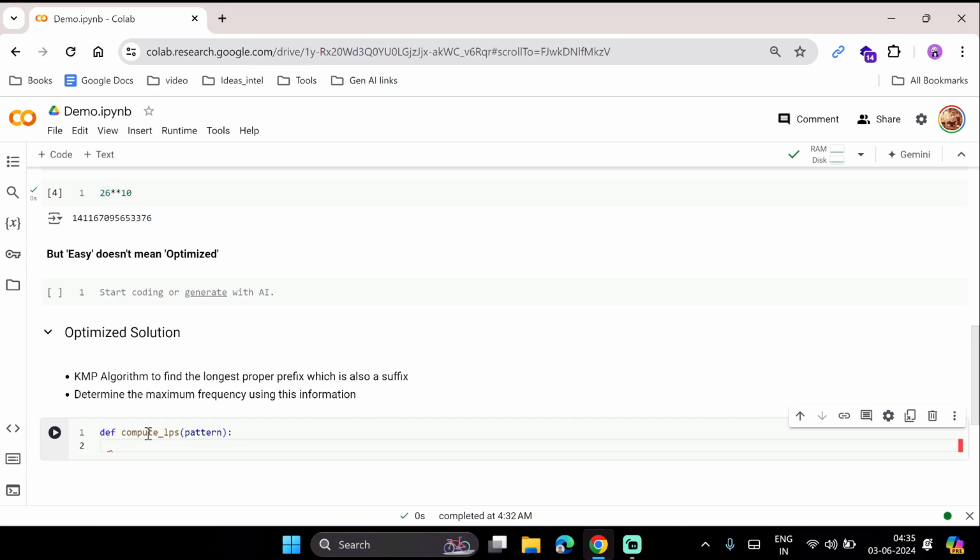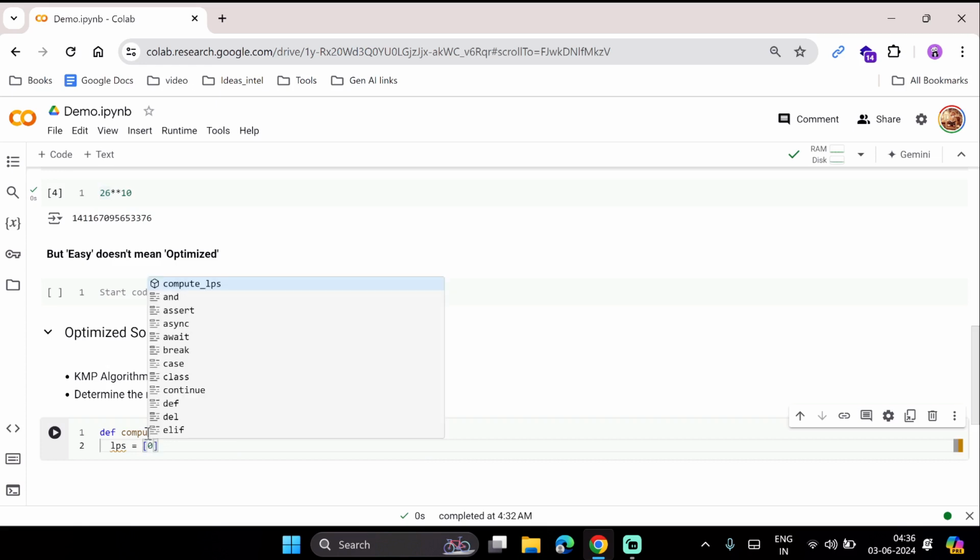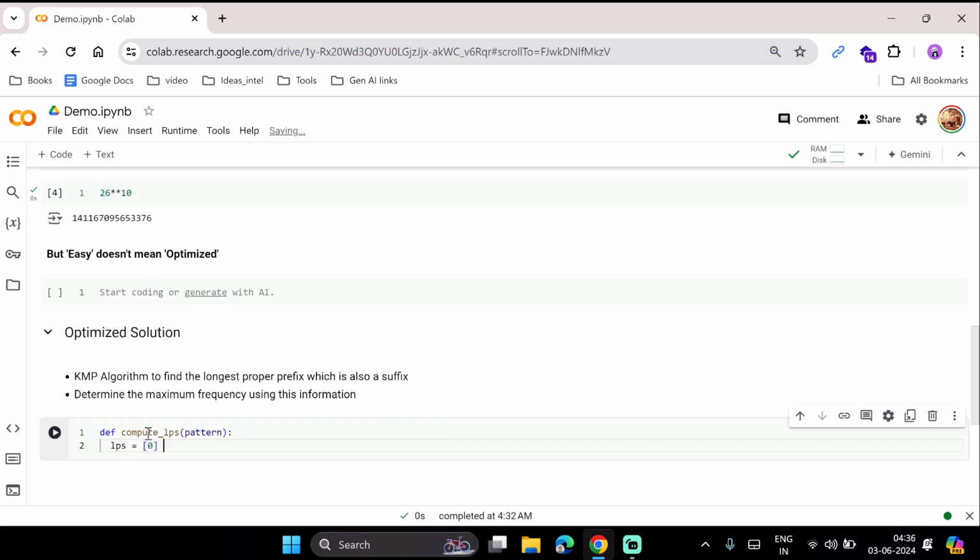What would be the array dimension? The array dimension should be the same as the length of the pattern. So how can we do this? Just initiate it with 0 times the length of the pattern.